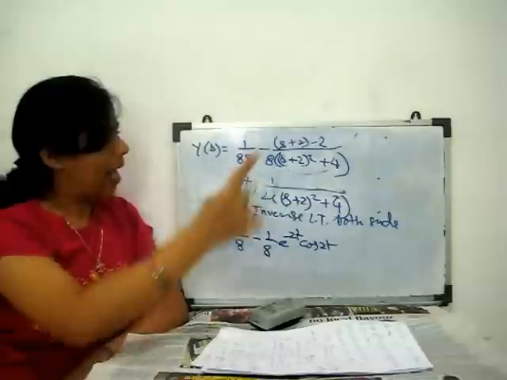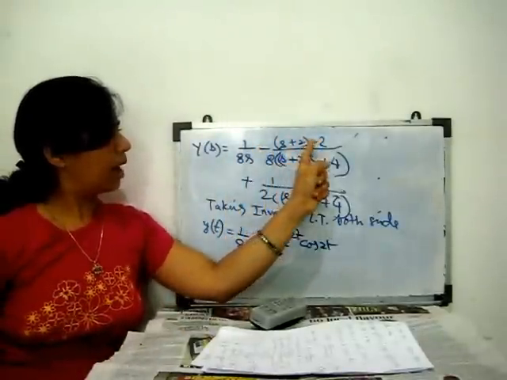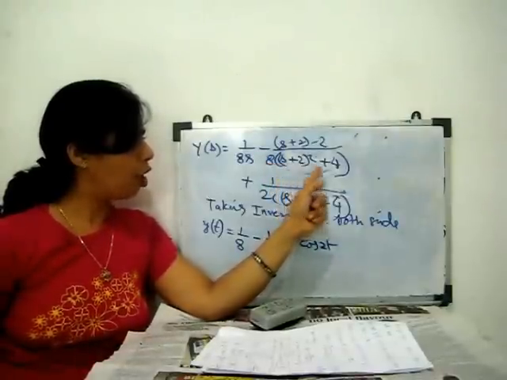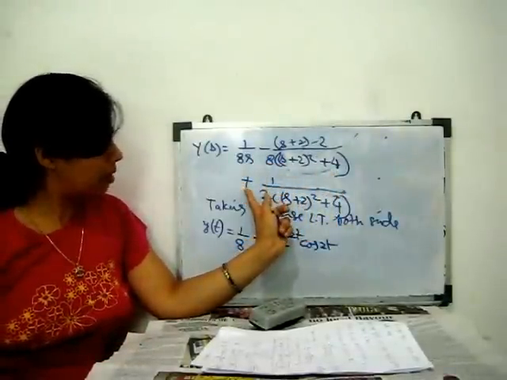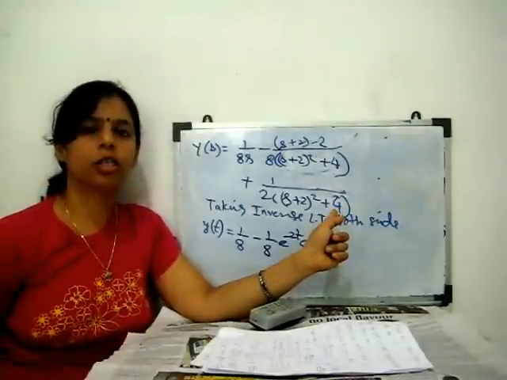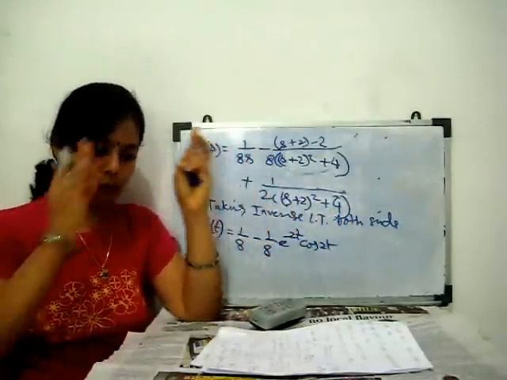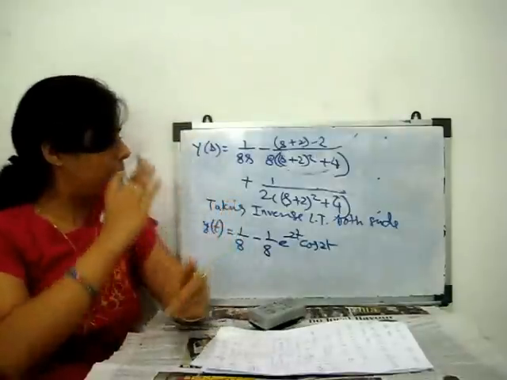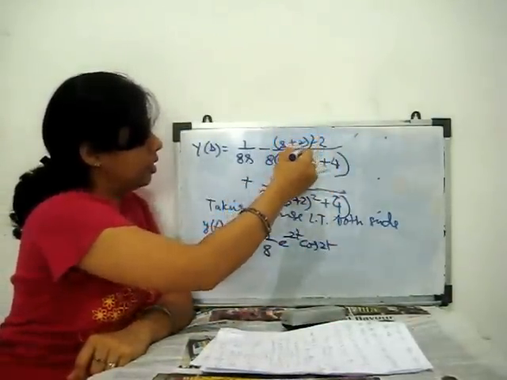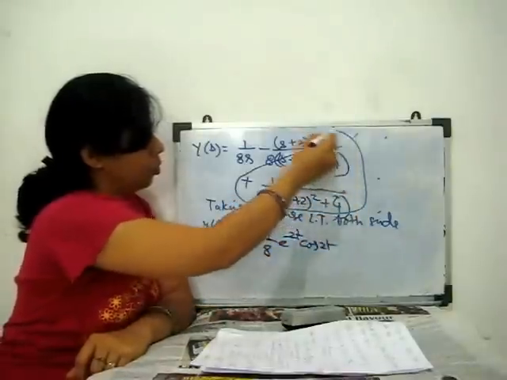Clear? Next term, this is minus minus plus 1 by 4 of this, and this is plus 1 by 2 of this. So what is this? This is 3 by 8 of this factor when we combine these two.